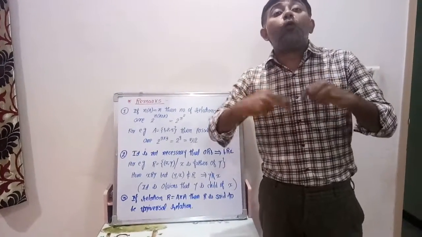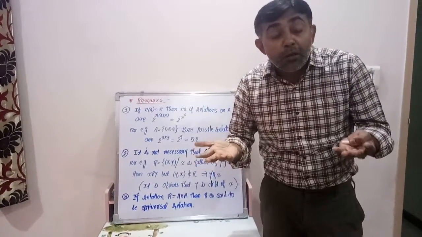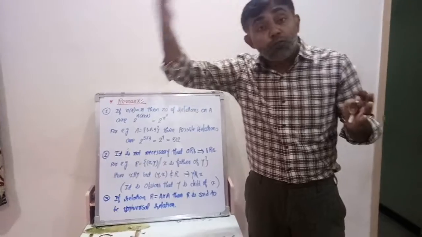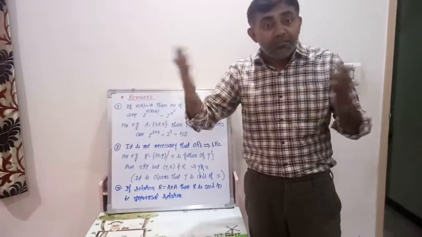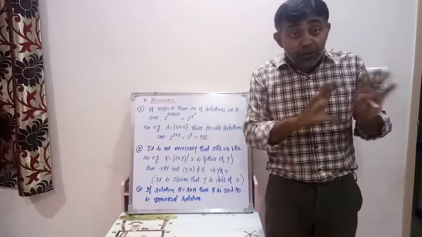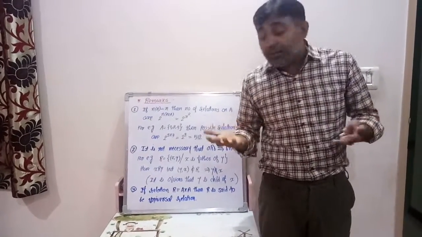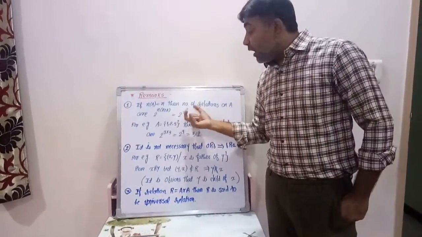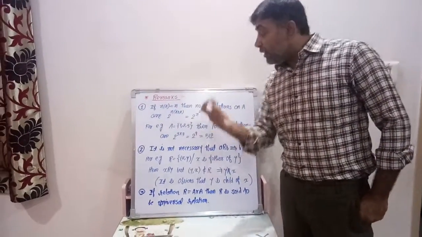Then we know that A cross A has 4 elements. Now see how many subsets we may arrange: 2 raised to 4, that means 16 subsets are there, and all these 16 different subsets are known as relations. So see here, 2 raised to n square is the number of possible relations on set A.